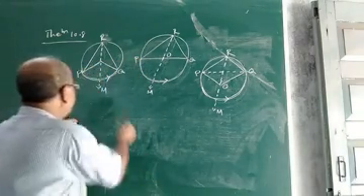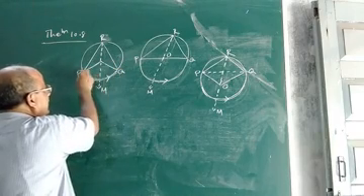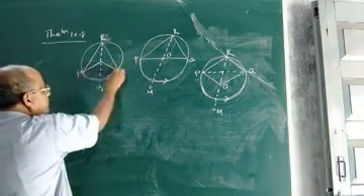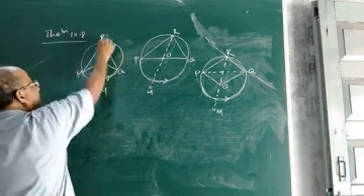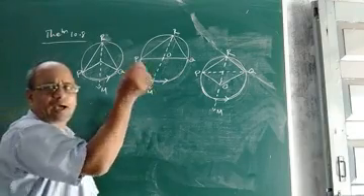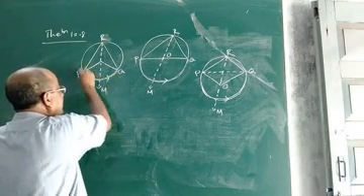Now children, if this is an arc, it is minor. Now look at the two endpoints of the arc. The two endpoints of the arc are P and Q. Now suppose these two points are joined to another point on the other part. You see, this is one part of the arc, this minor arc.